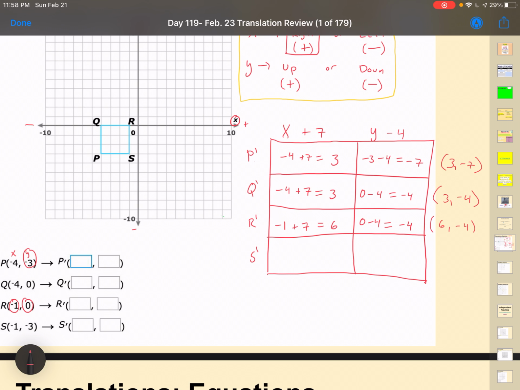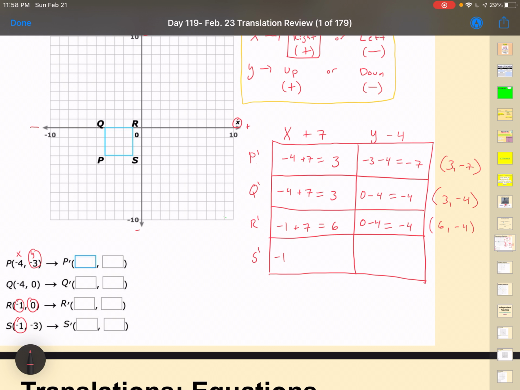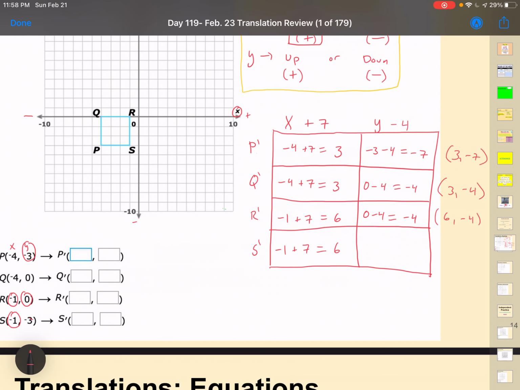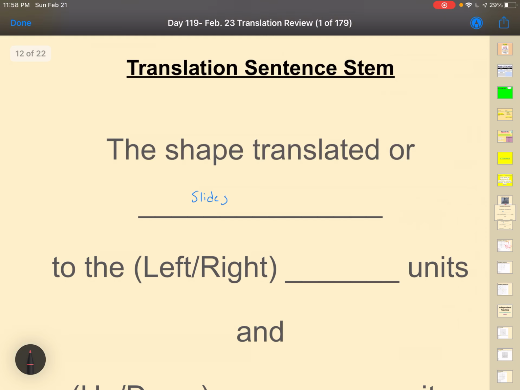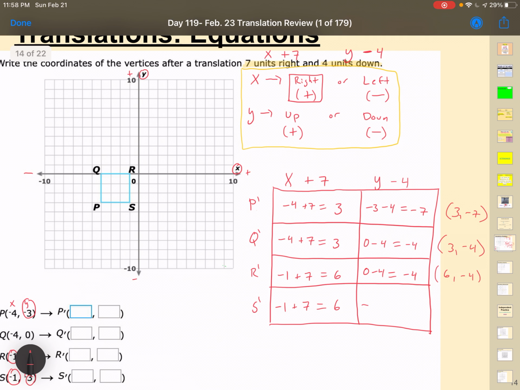For S prime, my x is negative 1 plus 7, which equals 6. And for my y, I have negative 3 minus 4, which is 2 negatives, keep the sign, add the numbers, negative 7. So S prime is going to be 6, negative 7.